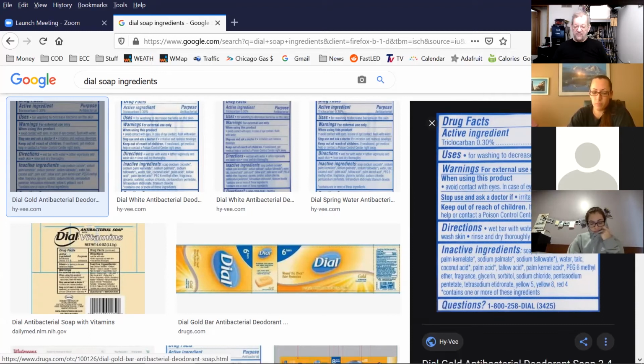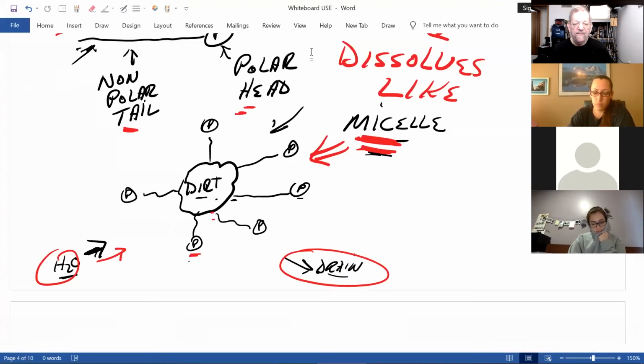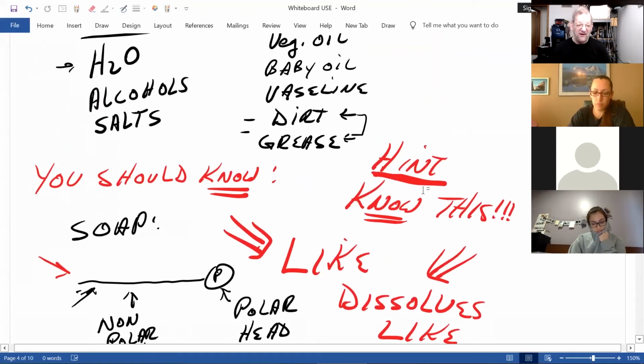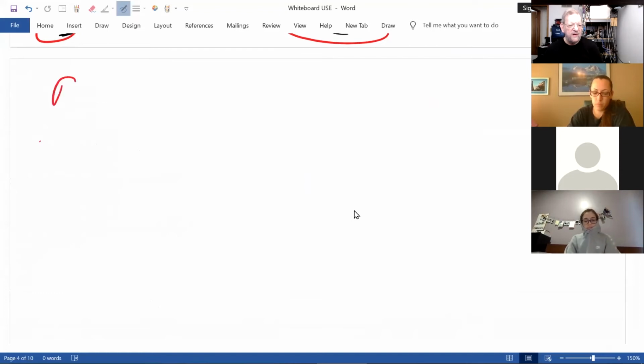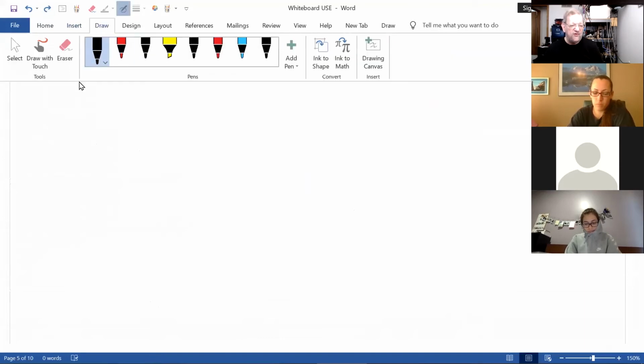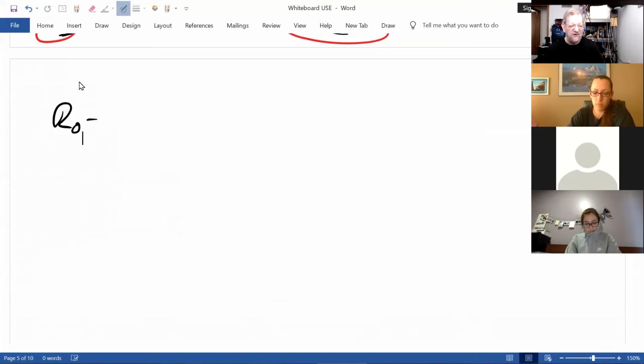Now let me go get some clean surface here. Sodium tallowate is a mixture of these two carboxylate anions.